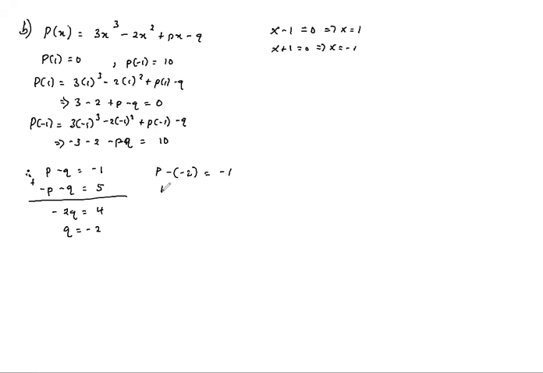So that here we get P plus 2 is negative 1, so P is negative 3. Therefore, P is negative 3, Q is negative 2. So the equation must make sense. Yes, they do.